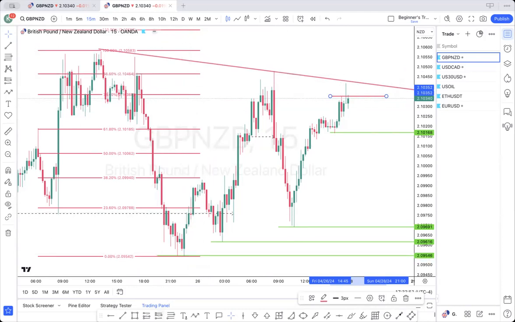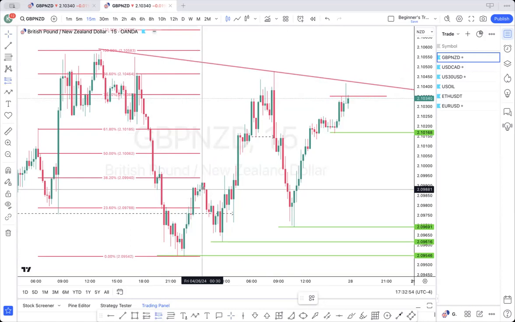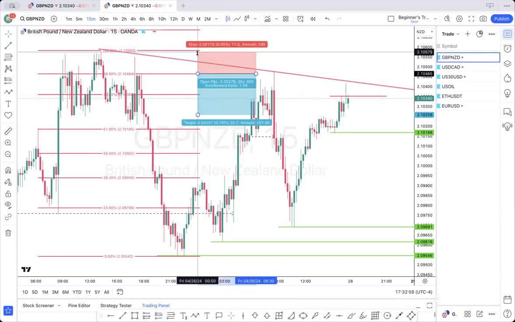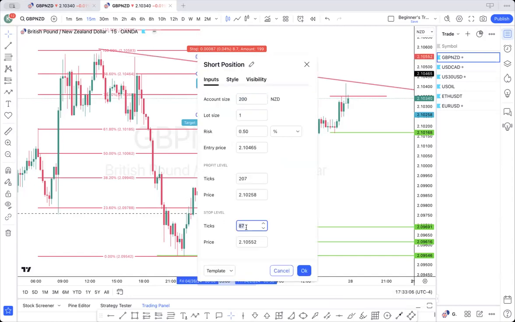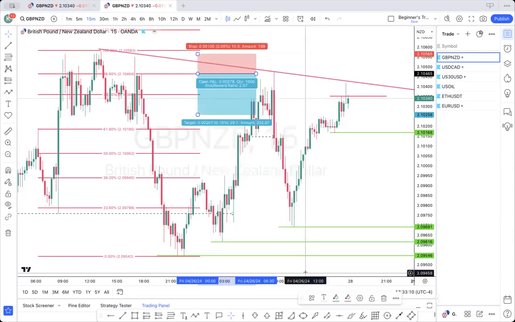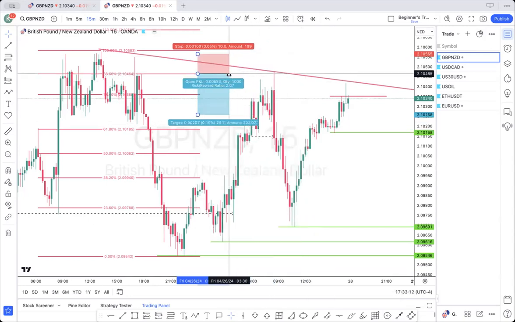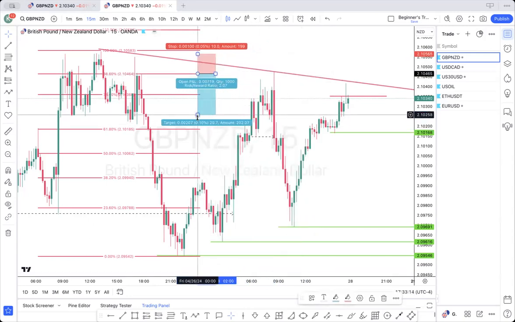And the reason why I say your lot size could have been larger is because your stop loss is going to be smaller. You see that? That is 8 pips. I definitely would have rounded it off to 10. That is 8 pips.